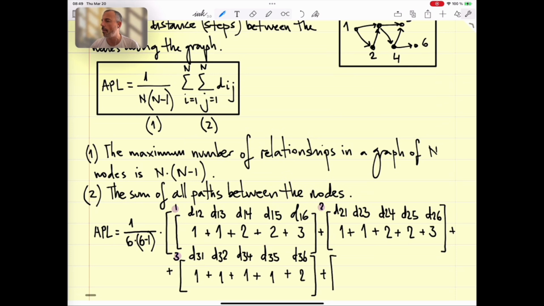Plus distance between 4 and 1 is going to be 2. Distance between 4 and 2 is going to be 2. 4 and 3 is going to be 1. 4 and 5 is going to be 1. 4 and 6 is going to be 1. All right?